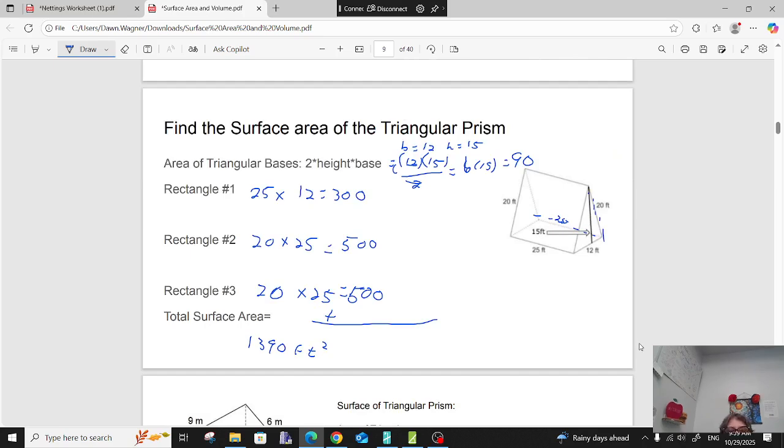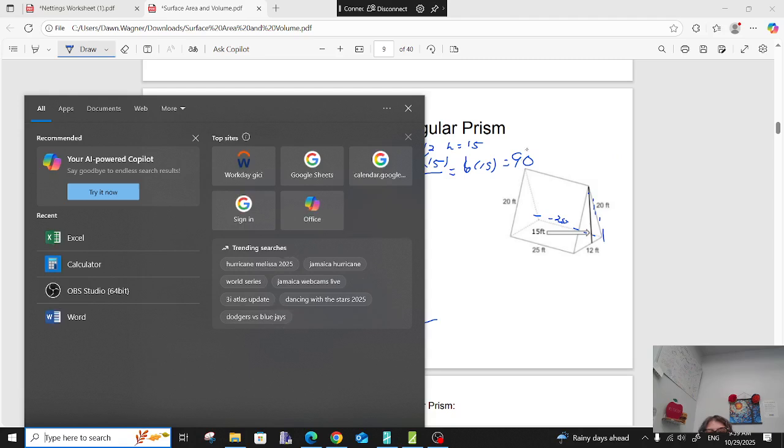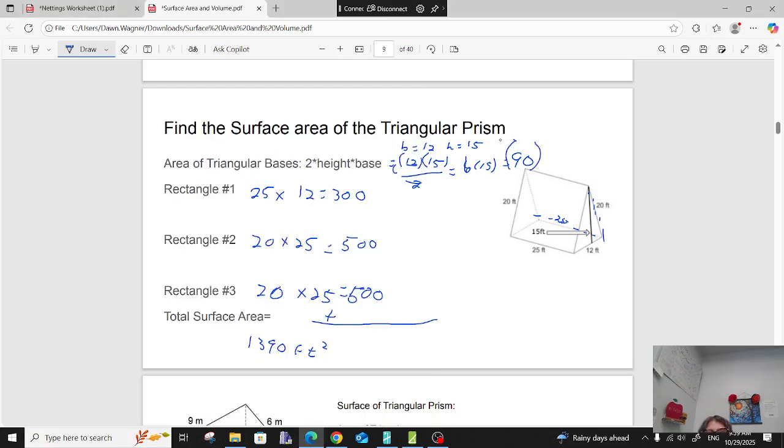Oh, there were 2 triangles. Go back and add another 90. Which should be what? 1480.